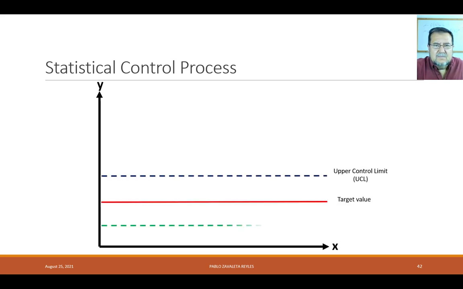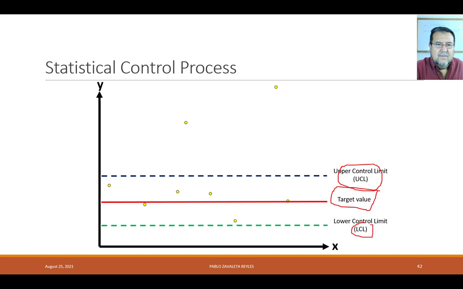First we define our target value. We define an upper control limit, UCL, and a lower control limit. These are our points as they happen. So, what is going on with these values?